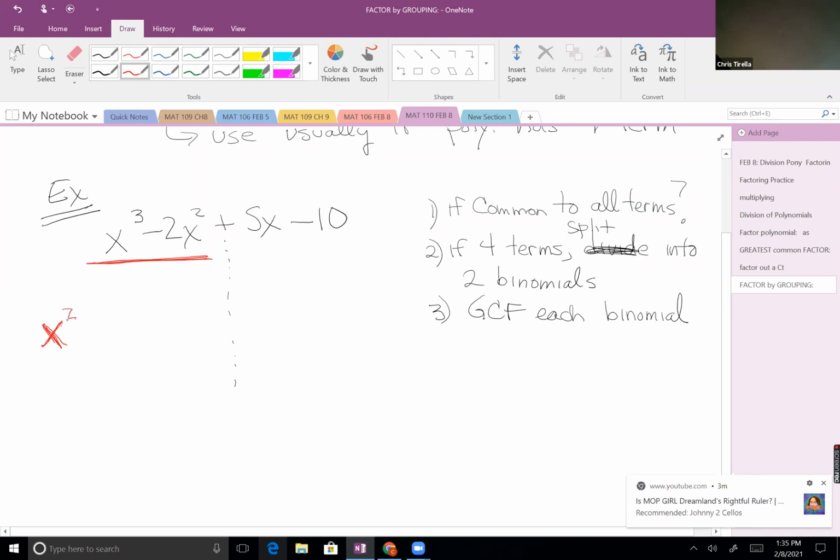So my common factor is x squared. And so now to find the other factor, I'm going to think of dividing out the x squared. And that's going to give me x minus 2. Is everybody all right there?